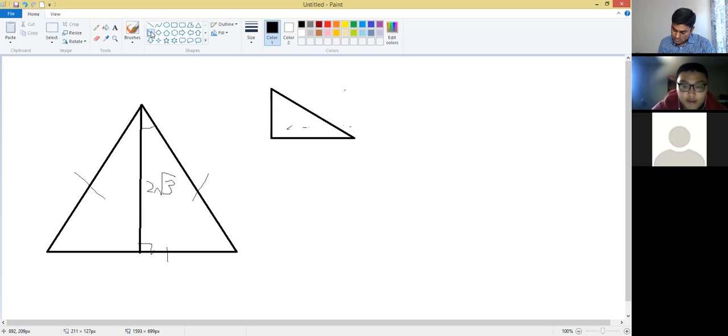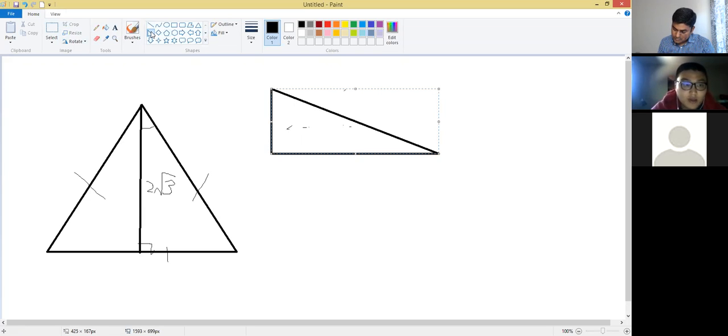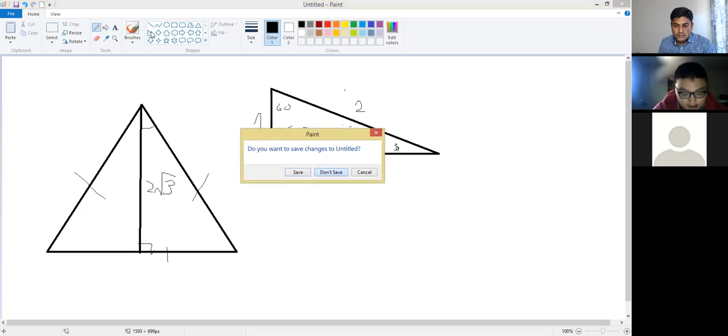When you have a triangle like this, here is 30, here is 60, here is 90 degrees. Here, for example, here is 1. You will have square root 3 here, and you will have 2 here. That's a special triangle, oh no, it's not for you right now, so let's just do your tests.